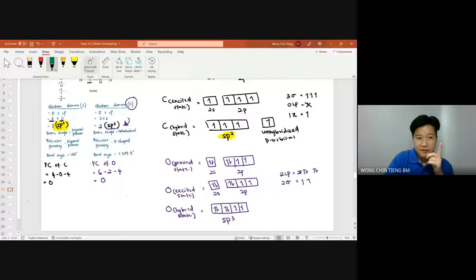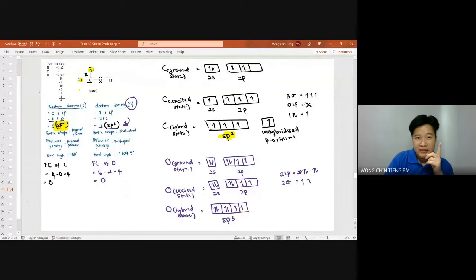Tips. I have 3 terminal atom. Soalan saya, ada berapa jenis dalam 3 tu? Haifa? 2, which is H and O.